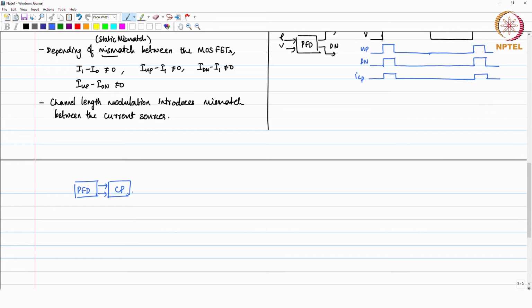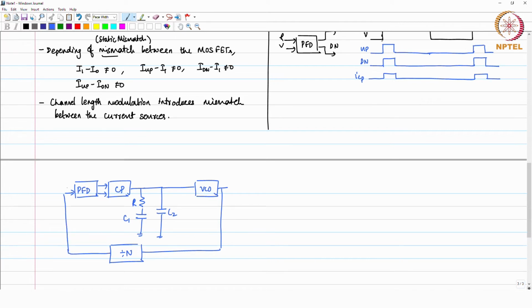We are using a source switch charge pump, then we have the loop filter with R, C1 and the other one is C2, and then you have the VCO with a divider in the feedback, and this comes back here. This is R and this is V, by the way. Here is your output of the PLL. So, we are talking about this ICP and this control voltage.